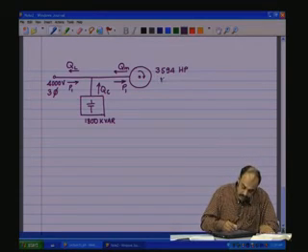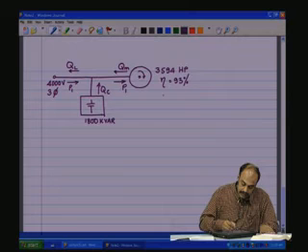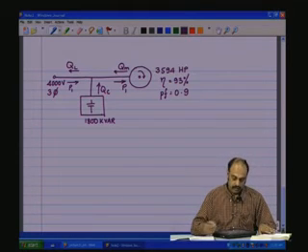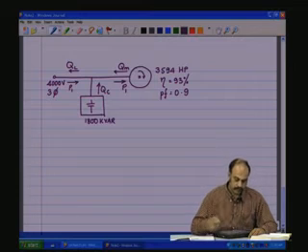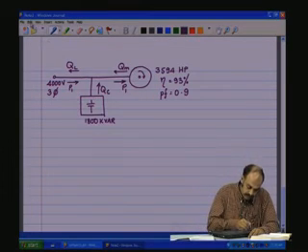Let us say the motor has an efficiency of 93% and a power factor of 0.9. So, these are the things that are given about this motor. Now, let us try to analyze this system.